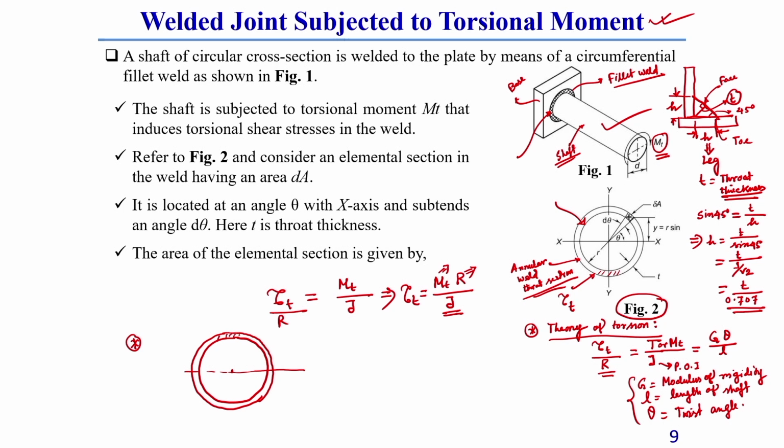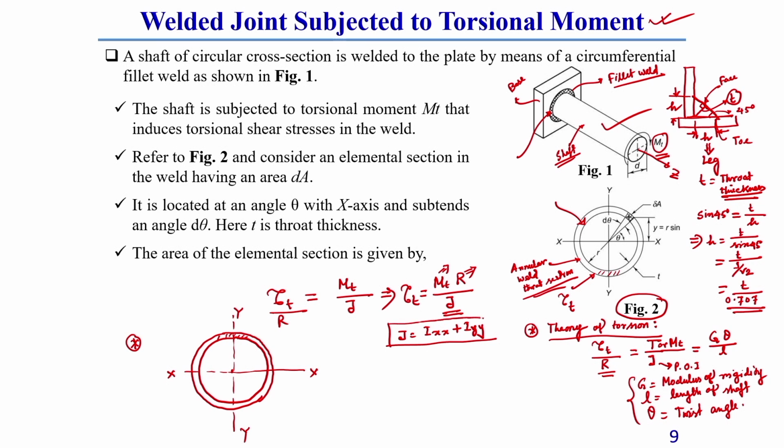Let us consider the axis system: this is our z axis, along the axis of the shaft, and the cross section has horizontal axis x and vertical axis y. Now we know that polar moment of inertia J is equal to Ixx plus Iyy. This also you know very well.